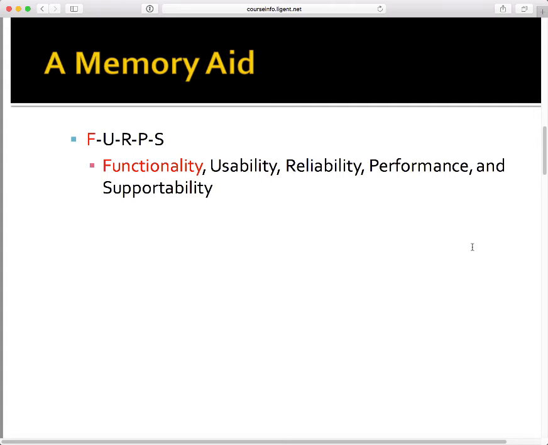That should already be documented in your systems analysis with use cases and a data model. Now what we want to do is identify the rest of the requirements. Those we're going to do with URPS: usability, reliability, performance, and supportability.